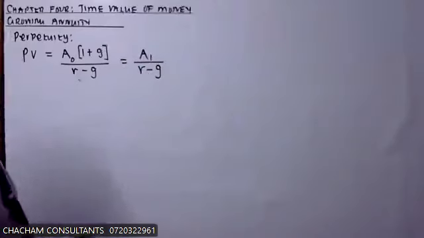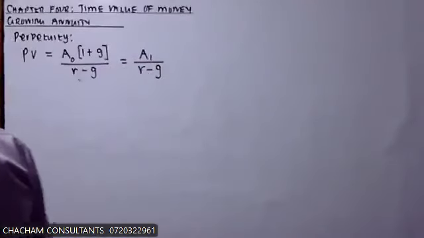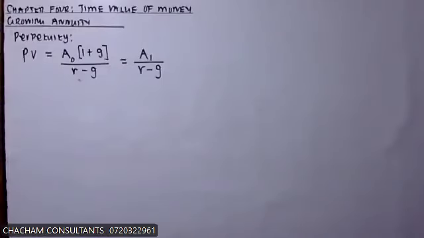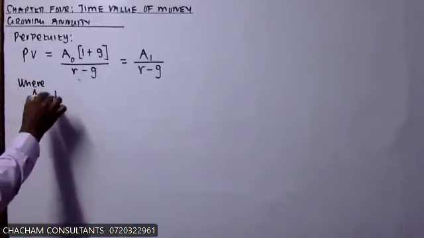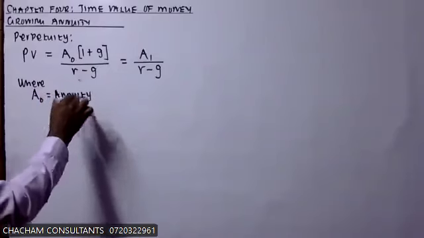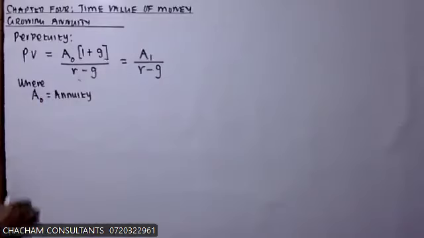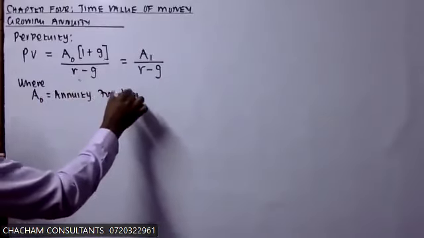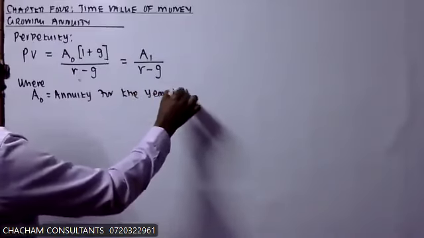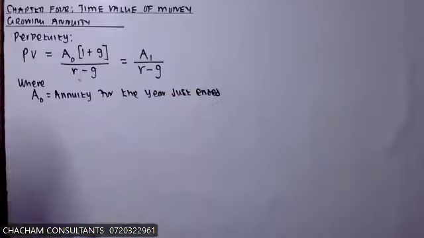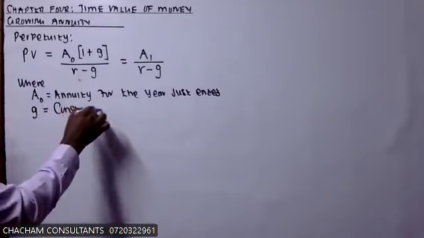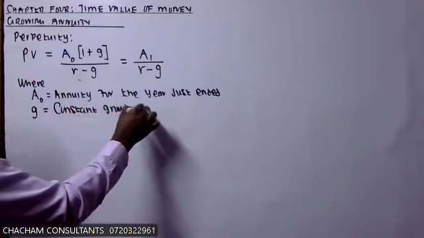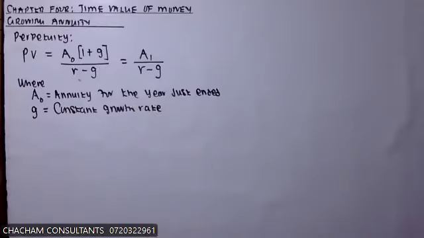Where A naught is annuity for the year just ended. G is constant growth rate.